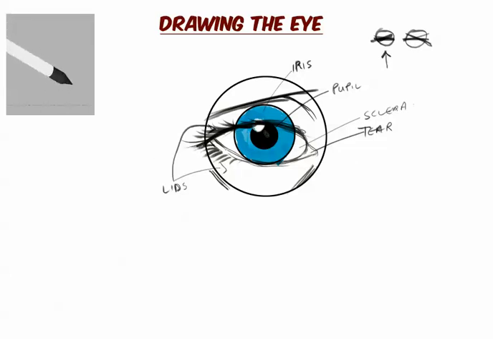Because the eye is a ball shape, the actual edges of it will be a little bit shaded, and the top there will have a little bit more shade, just like that, because of the eyelid. This has a little bit of shade in there, and this one has a little bit of shade in there, just like that, because of the shape of the iris itself.